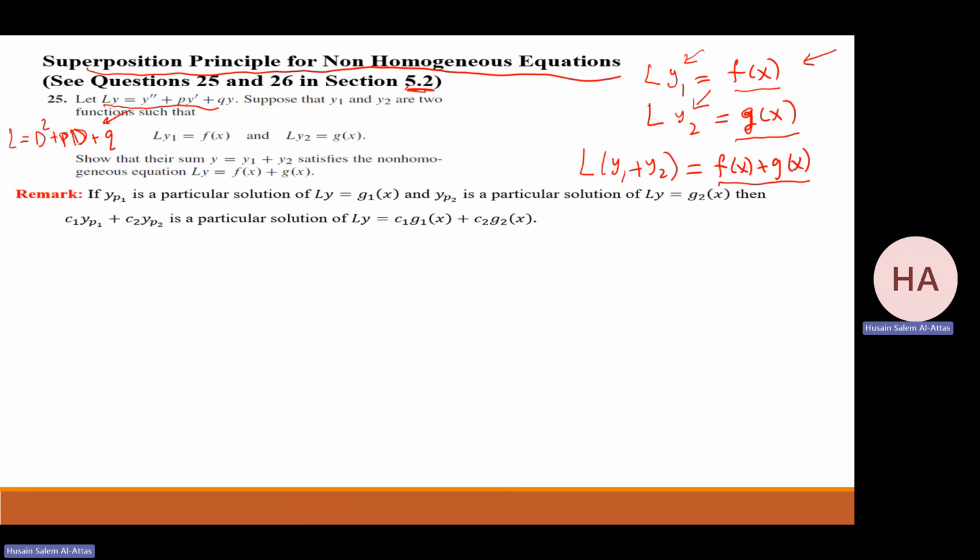Not only that, it's more than that. If you apply L on C1 y1 plus C2 y2, a linear combination of these, the right-hand side will be C1 f of x plus C2 g of x.